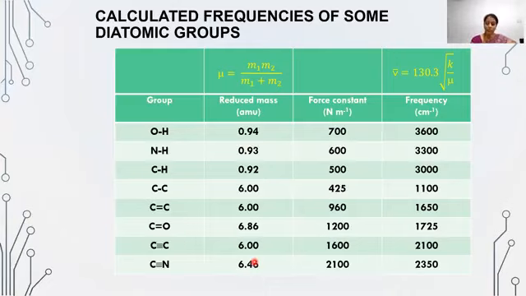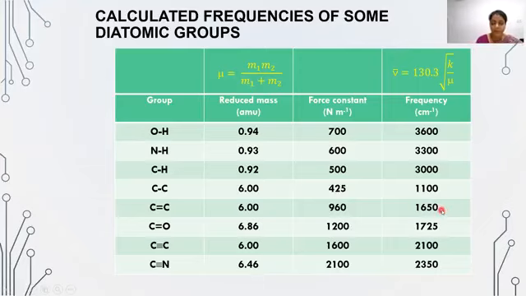For the OH group, the value of vibrational frequency is 3600 centimeter inverse. For NH, it is 3300 centimeter inverse. For carbon-hydrogen stretching, it is 3000 centimeter inverse. For carbon-carbon stretching, it is 1100 centimeter inverse. For carbon double bond carbon stretching, the value is 1650 centimeter inverse.